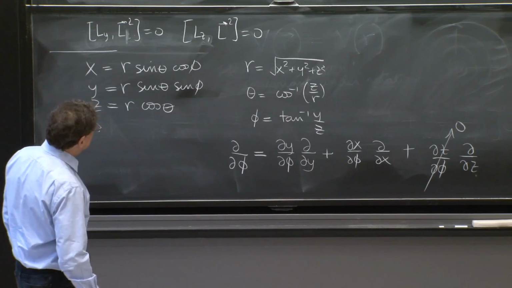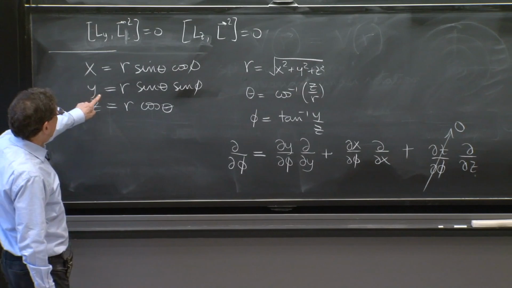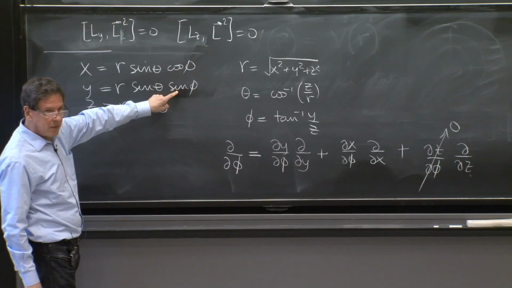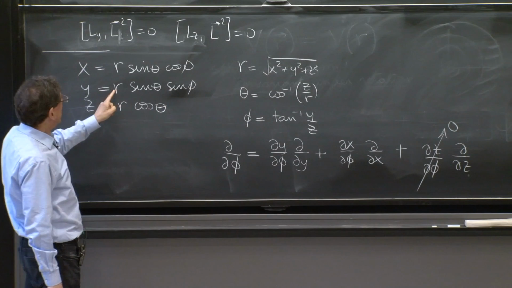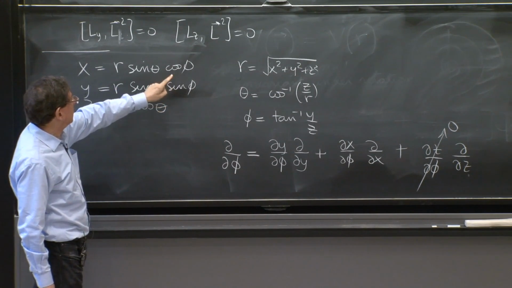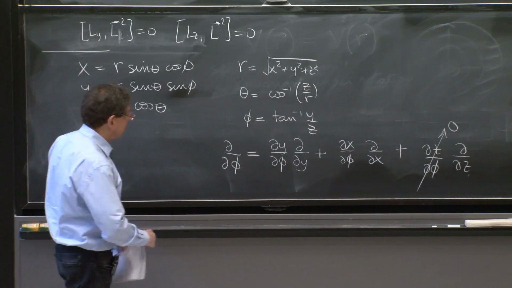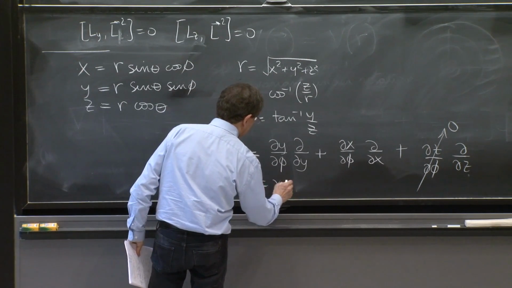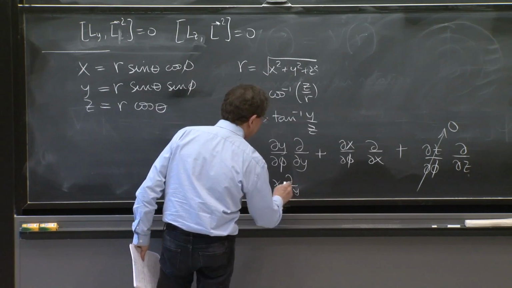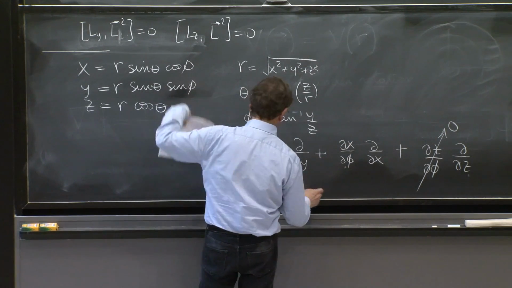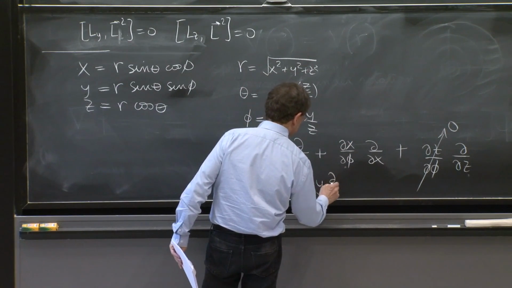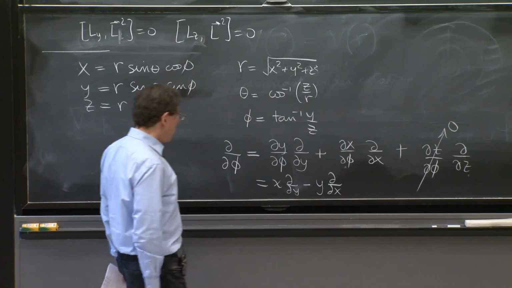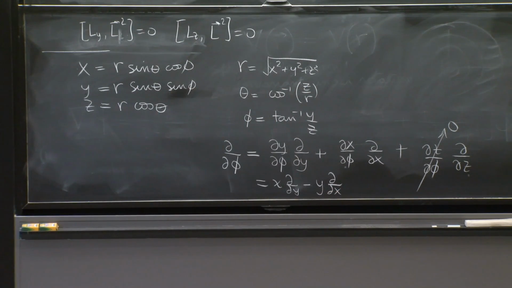On the other hand, ∂y/∂φ is what? ∂y/∂φ, this becomes r sin θ cos φ, it's x. X ∂/∂y. And the ∂x/∂φ is minus y. And you say, wow, x ∂/∂y is like x py minus y px. That's the z component of angular momentum.